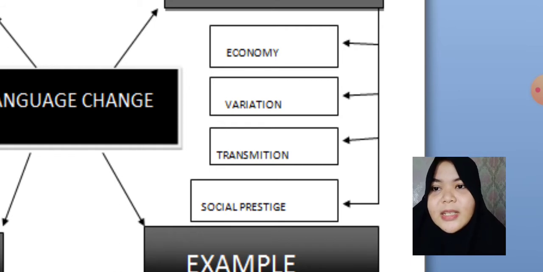The next one is social prestige. Well, social prestige causes a language change.